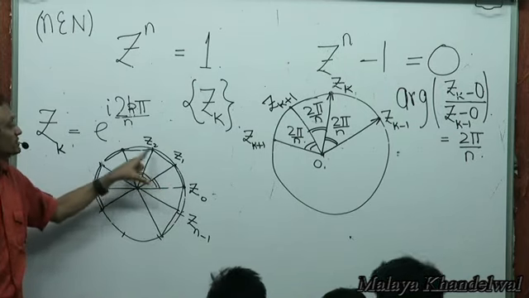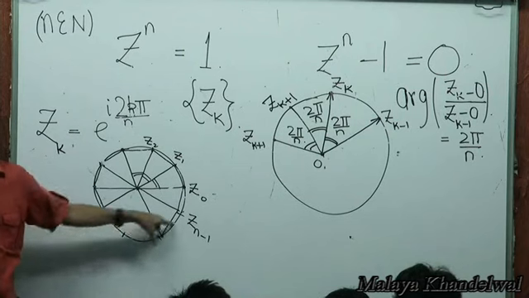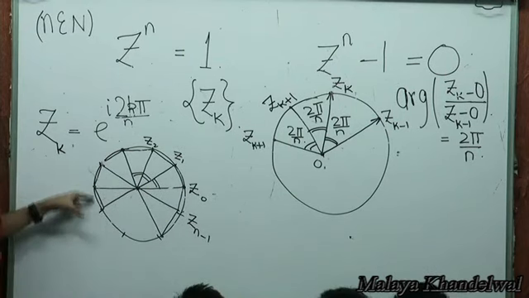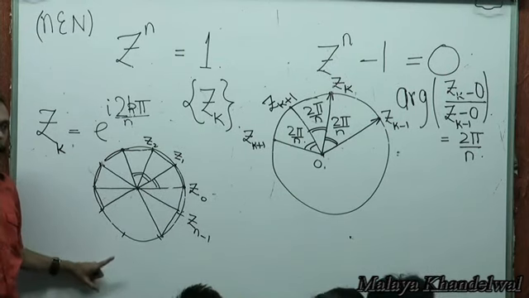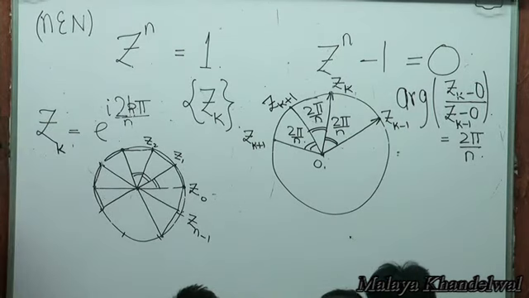So z0, z1, z2, etc. constitute the vertices of a regular n-gon polygon. Clear?